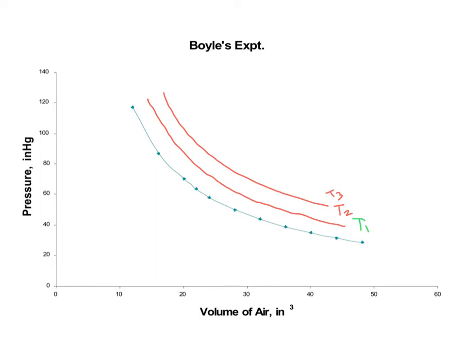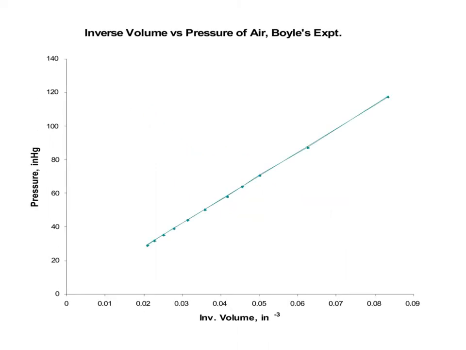This would be raw data, pressure versus volume. But this is referred to as a hyperbolic curve, and it's not as useful as the linear relationship. So since they're inversely proportional, I guess I'll write it here.